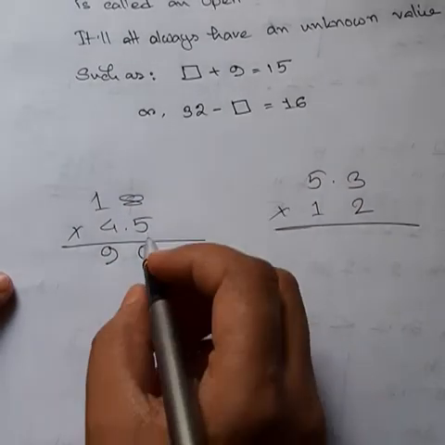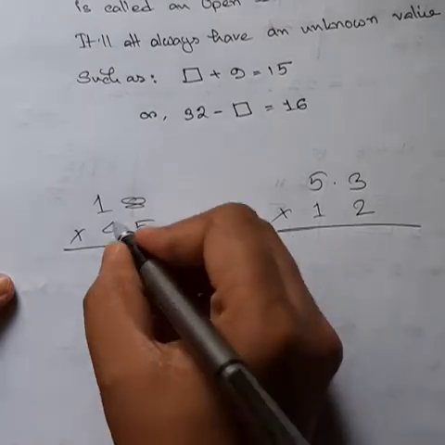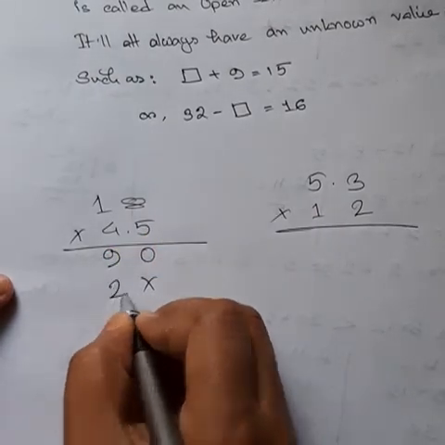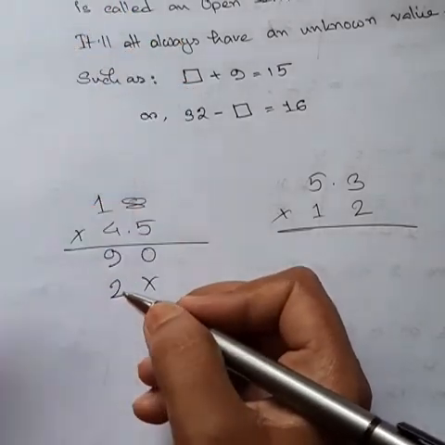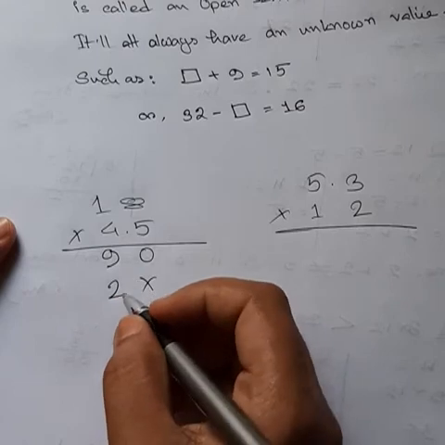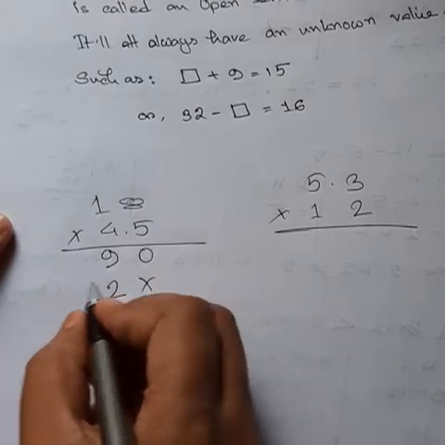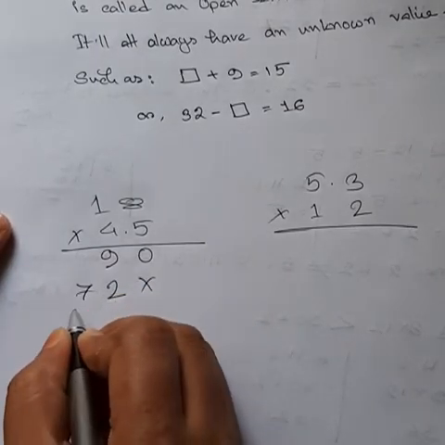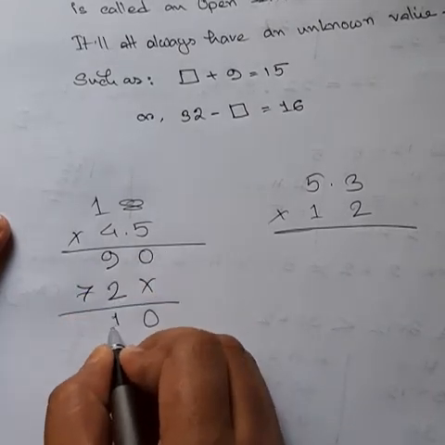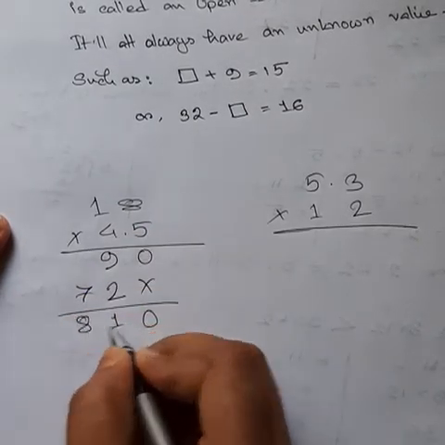Now crossing over here, 5 times 2 is 10, carrying 1, 4 ones are 4 and 1, it makes 5. So we are going to add now, and we get 11 and 8.